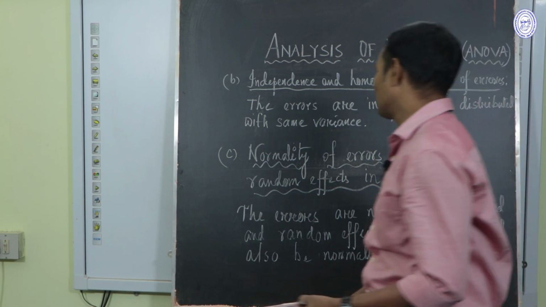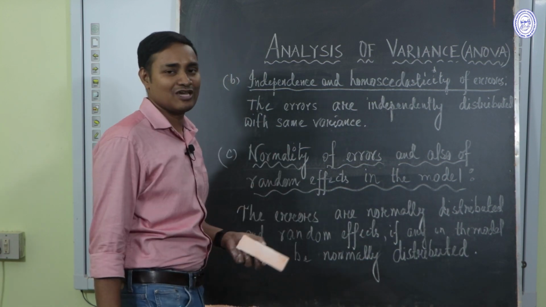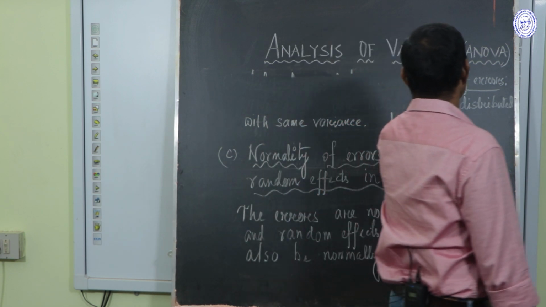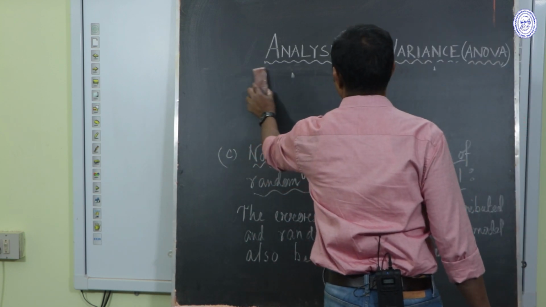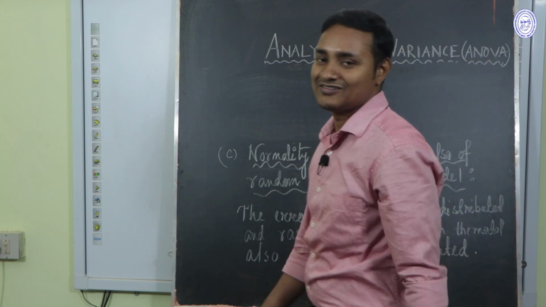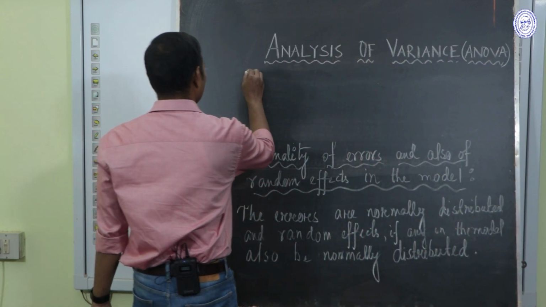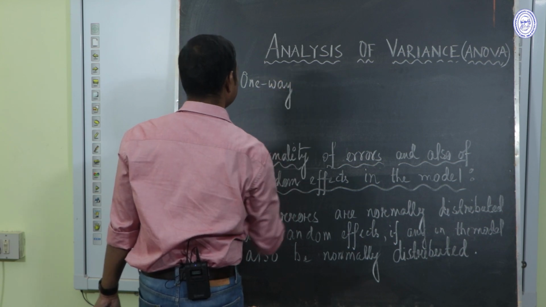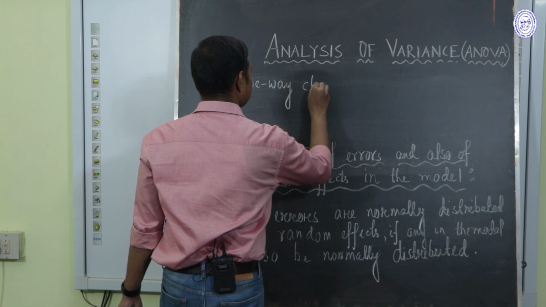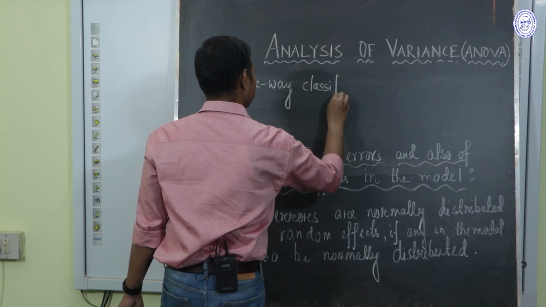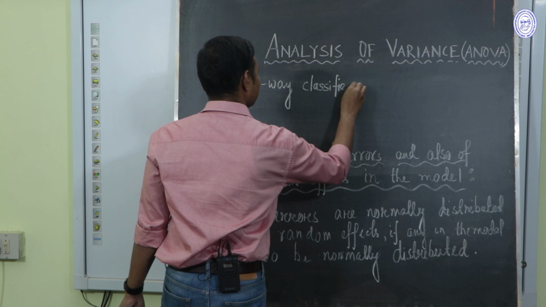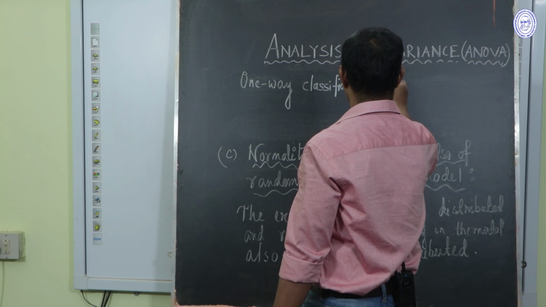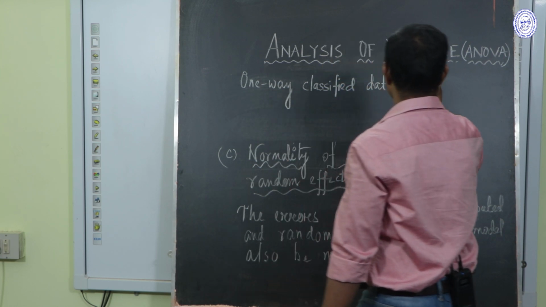Now I start one-way ANOVA, that is, analysis of one-way classified data. How to analyze one-way classified data?